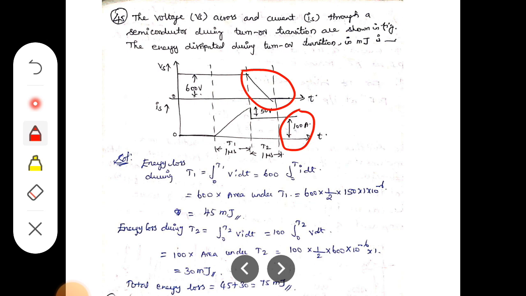So 100 into the area under the curve, which for T2 is a triangle of 600 into 10 to the power of minus 6, that is 1 millisecond, multiplied. So 30 millijoules. Total energy loss is 45 plus 30, 75 millijoules. So this is the answer for the given problem, 75 millijoules.